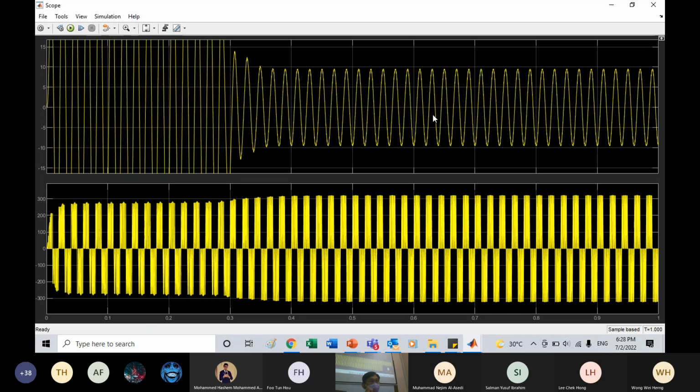Remember, it's the current that drives the motor. The purpose of doing SPWM is what? We want to get low harmonics. Now, our voltage is still like that. It's okay because the voltage provides the potential difference. It's the current that must be sine wave so that your motor will rotate very smoothly.